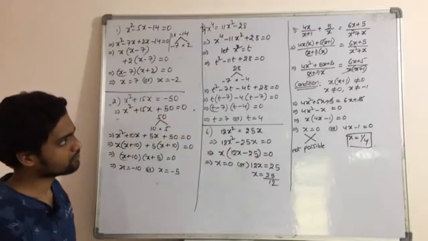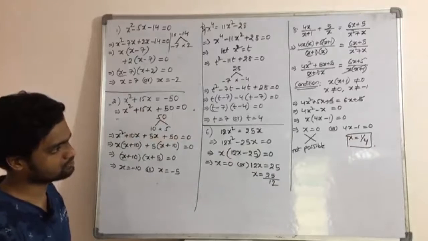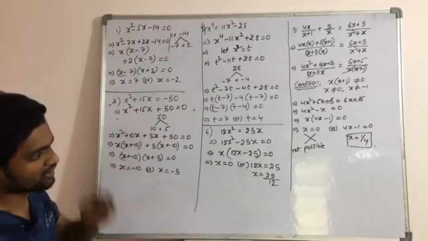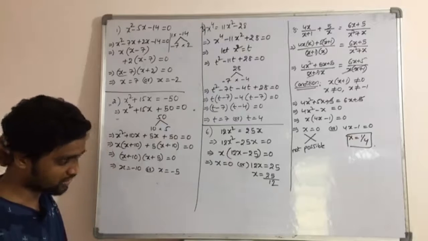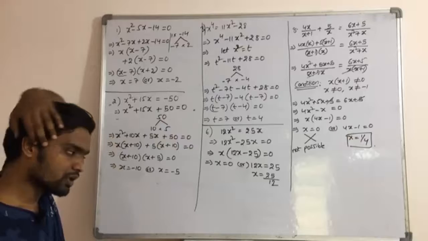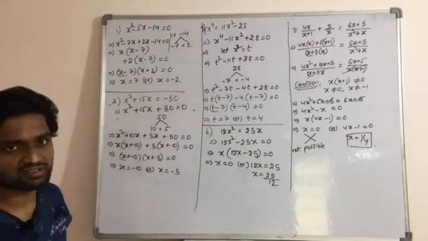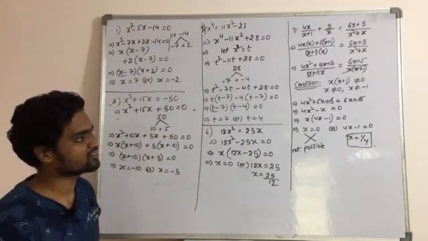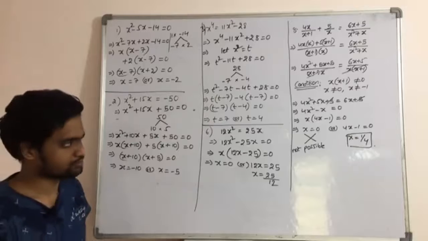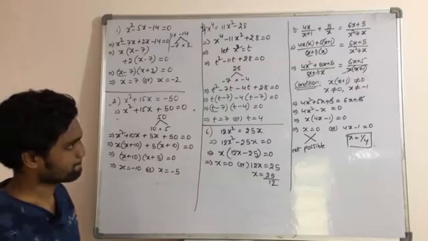Okay. Any doubt till here? So x is equal to 0 is not possible. So x is equal to 1 by 4. So the number of solutions for the equation would be one solution. Okay.